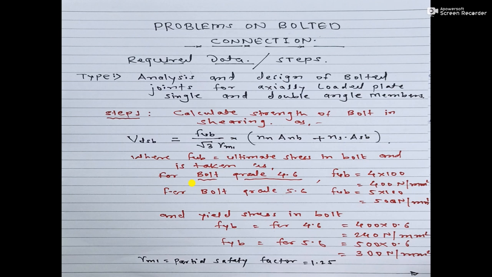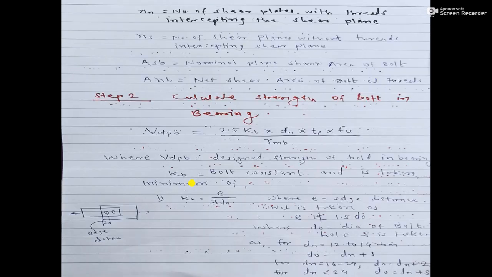Then gamma M1 is the partial safety factor and it is taken as 1.25. Then in that formula, Nn is the number of shear planes with threads intercepting the shear plane. In all these problems we are going to use bolts with threads.